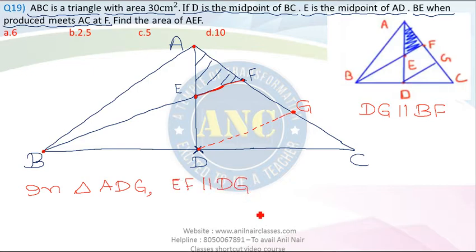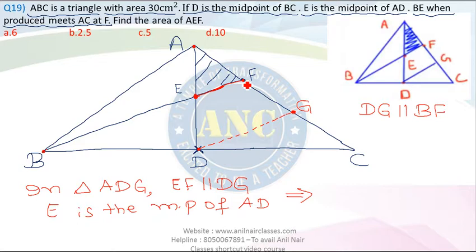I hope you are understanding. And you also know, which is given in the question, that E is the midpoint of AD, right? Because E is the midpoint of AD and DG is parallel to EF.